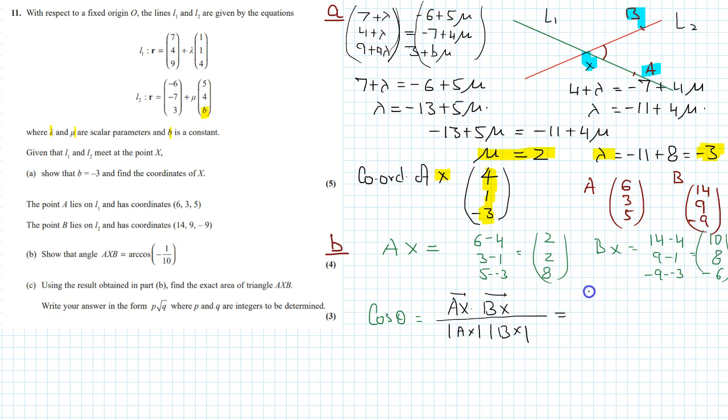So AX is 2, 2, 8, and BX is 10, 8, minus 6, divided by root of 2 square plus 2 square plus 8 square and root of 10 square plus 8 square plus minus 6 square.